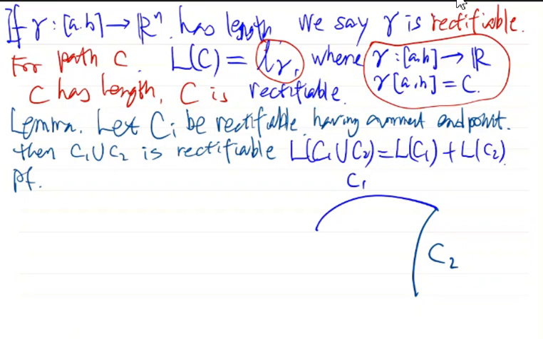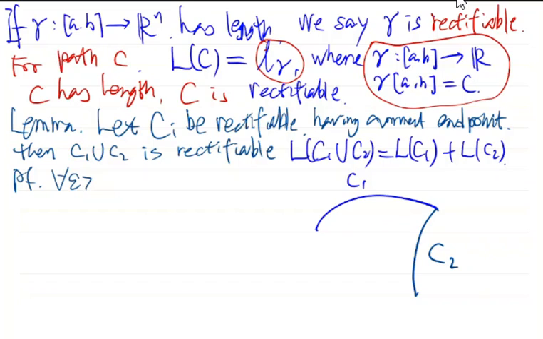C1 and C2 are rectifiable. So for any epsilon positive, you have partition P1.